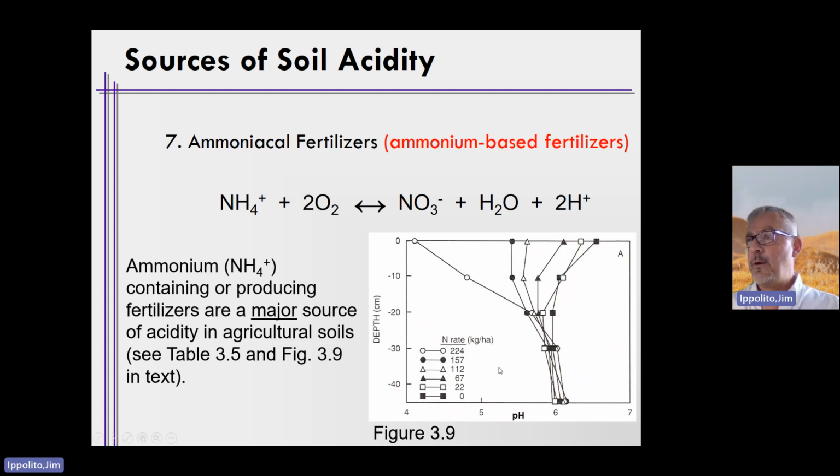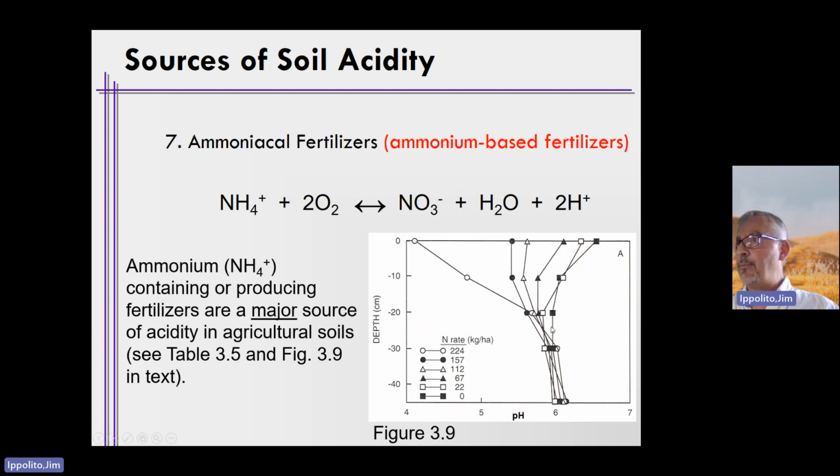And this is a figure from the textbook that's not required that shows you this was an ammonium-based fertilizer that was applied at increasing application rates in terms of kilograms per hectare. And on the x-axis is pH, and on the y-axis is soil depth with respect to each one of these ammonium-based fertilizer applications. So what do you see? You see with the control, or nothing added, the pH, at least in the soil surface, stays around 6.5.